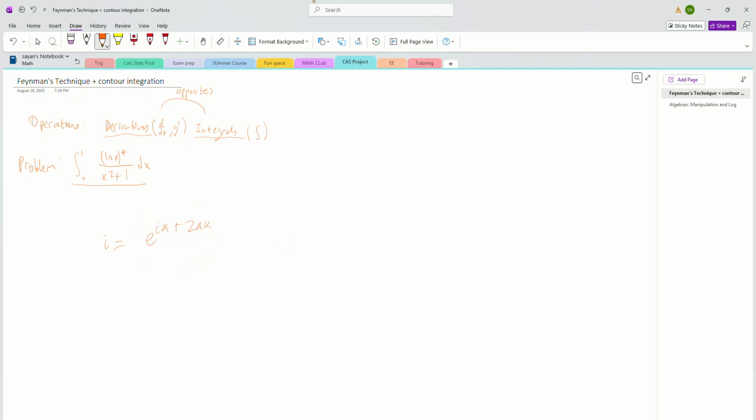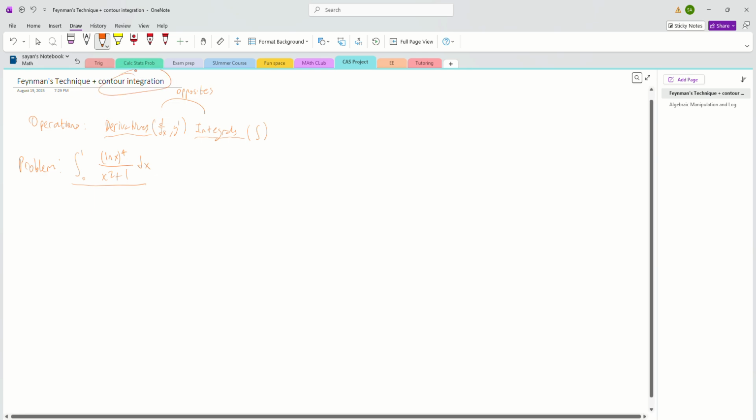And so obviously if I'm taking ln of i, that can mean either i pi, or, let's say k is 1, then I have i pi plus 2 pi. And technically that's a different number. So that's why the logarithm function is a multi-valued function in the complex plane, and contour integration is part of complex analysis.